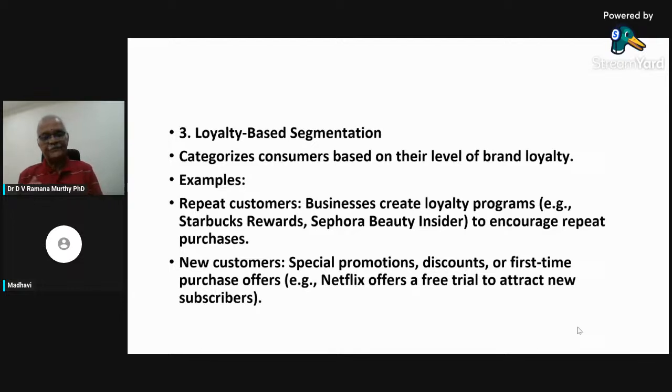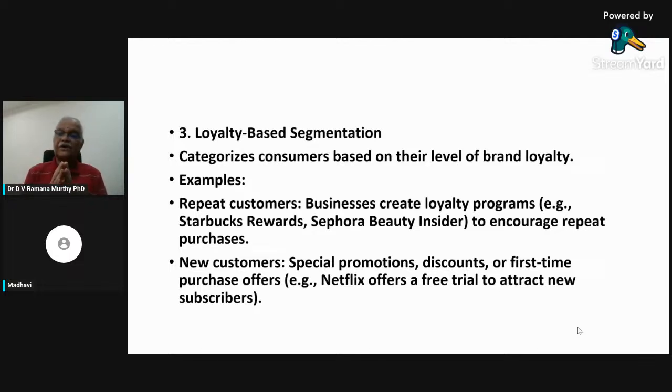Third is loyalty based segmentation. Of course, this is very much related to the products that they buy regularly, and the earlier classification we have discussed. Loyalty based segmentation categorizes consumers based on their level of brand loyalty.